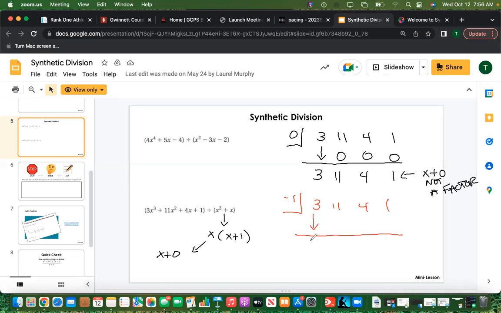So I can bring down the first term, multiply, add, multiply, add, and then multiply, and then add. Again, this means that x plus 1 is not a factor.